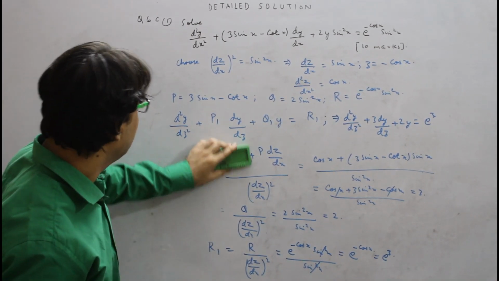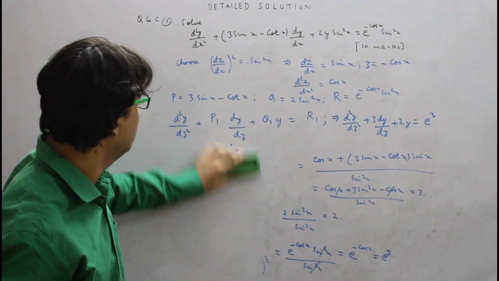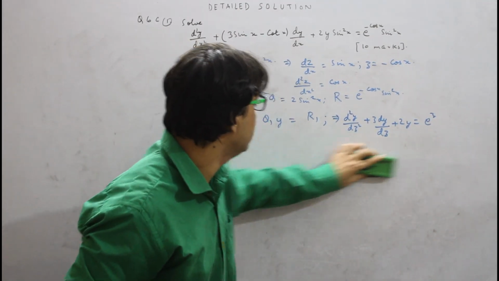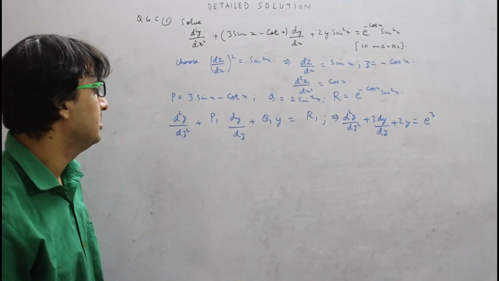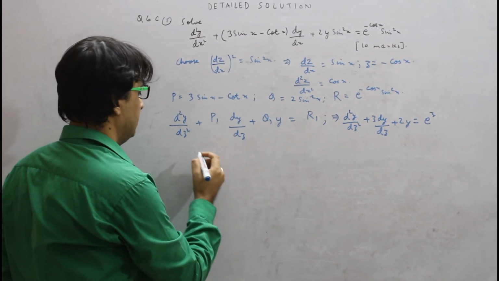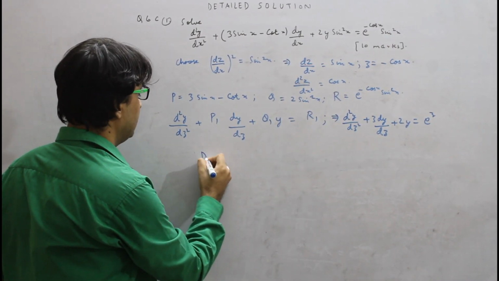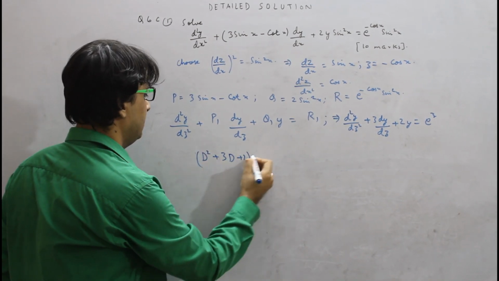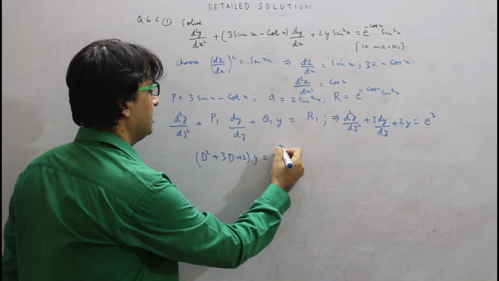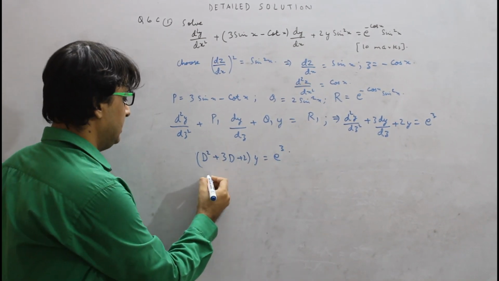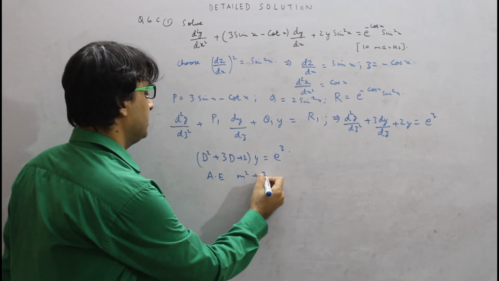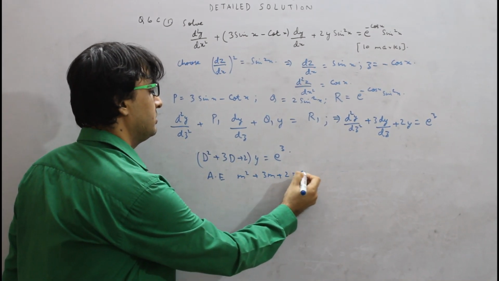Now it is having constant coefficients, as we can see from our equation. So this can be easily solvable. And here, what is the complementary function? If we write it as (D² + 3D + 2)y = e^z, you can see our auxiliary equation is m² + 3m + 2 = 0.